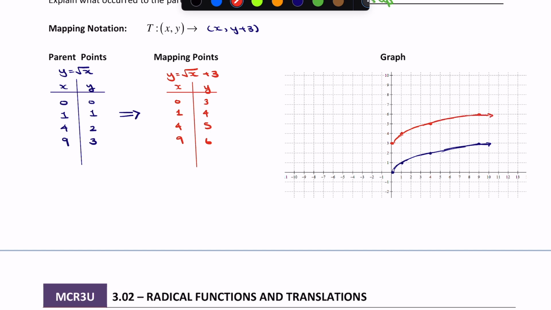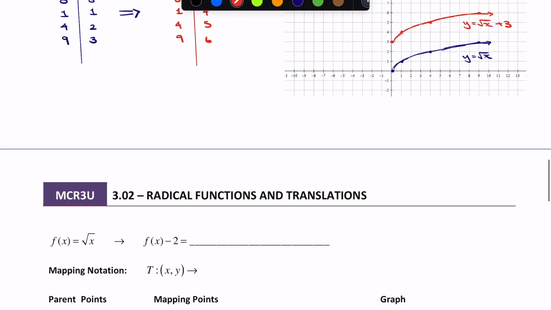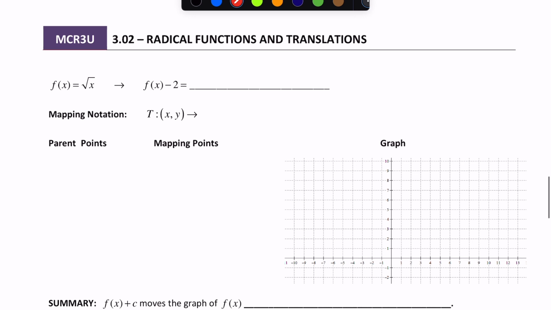And so here, if we look at the comparison, we see that the graph of y is equal to square root x, that's the parent function, and the transformed function is translated 3 units up. So this is y is equal to square root x plus 3. Here, if we have f of x is equal to square root x, and then it gets translated to f of x minus 2, we can write it as square root x minus 2.